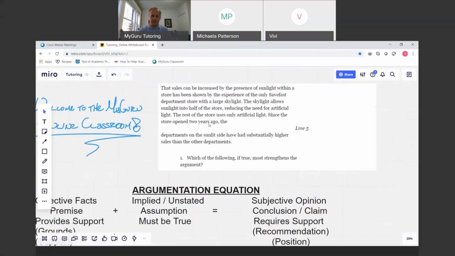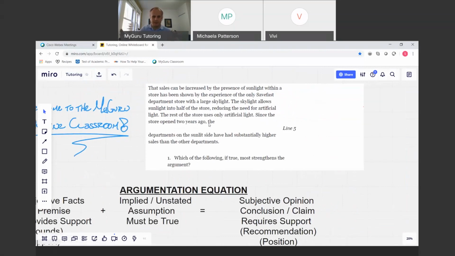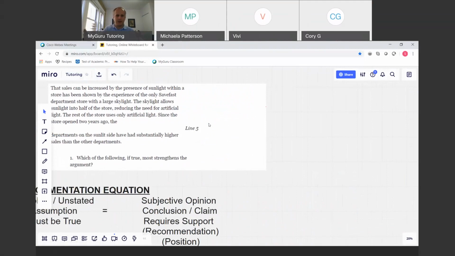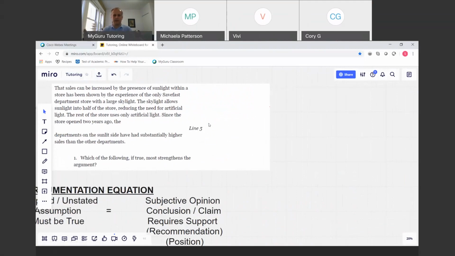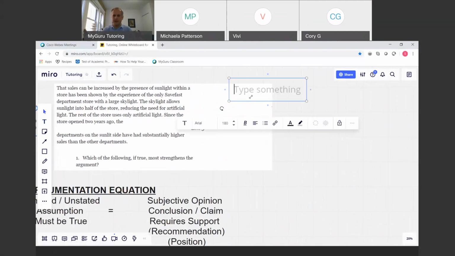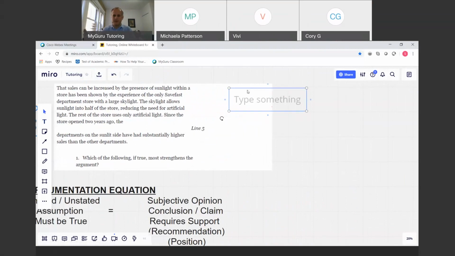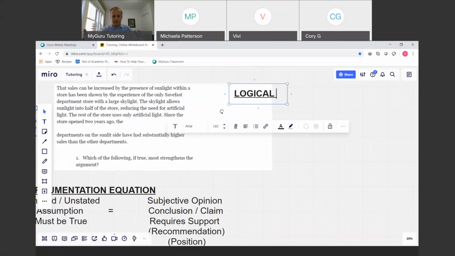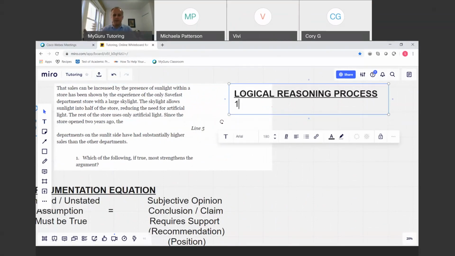We need to then evaluate this problem here. Anytime you encounter a problem, step one for any logical reasoning style question, so let's call this our logical reasoning process, is you have to identify what the question task is, because that's going to tell you what you have to do to your argument.